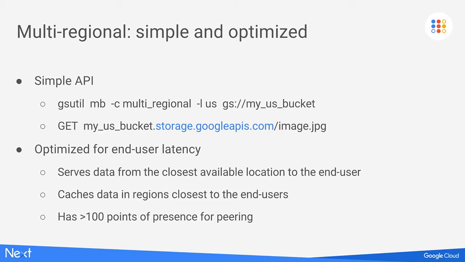The multi-regional storage class is also optimized for end-user latency, because there are multiple layers of caching that we have in GCS. Even though you might be storing data in multi-regional US, if you have customers that are accessing the data from Europe, we'll cache the data in Europe in our data centers. Similarly, in Asia Pacific, we'll cache in our data centers in Asia Pacific. On top of that, if you set your objects to be public, we'll also cache those objects at the edge in our points of presence.